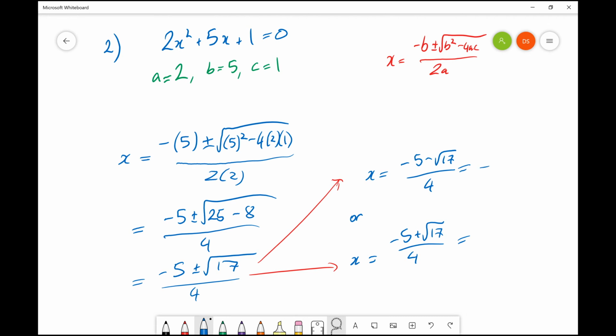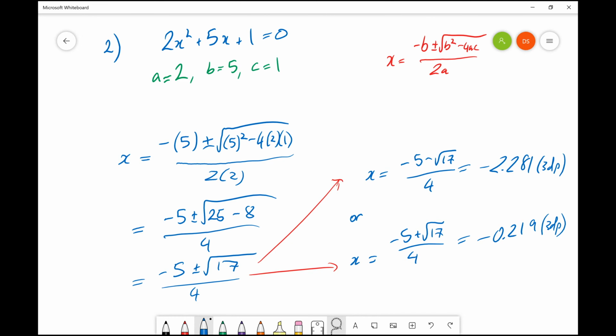And I get negative 0.281 to 3dp. Okay, and then if I change the minus to a plus, I get negative 0.219 also to 3dp. Those are my two solutions, and you can notice that these solutions are a lot uglier than what I had before with the nice whole numbers and nice fractions.